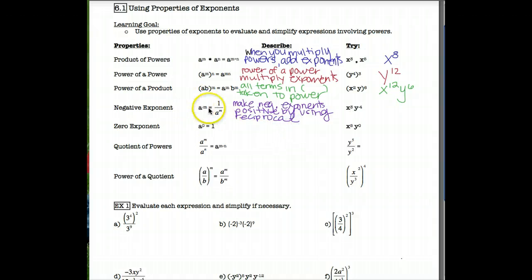So we take this power and we reciprocal it. We put it in the bottom, and when we do that, we make the exponent positive. If something were already in the bottom, then reciprocal would mean to bring it to the top.